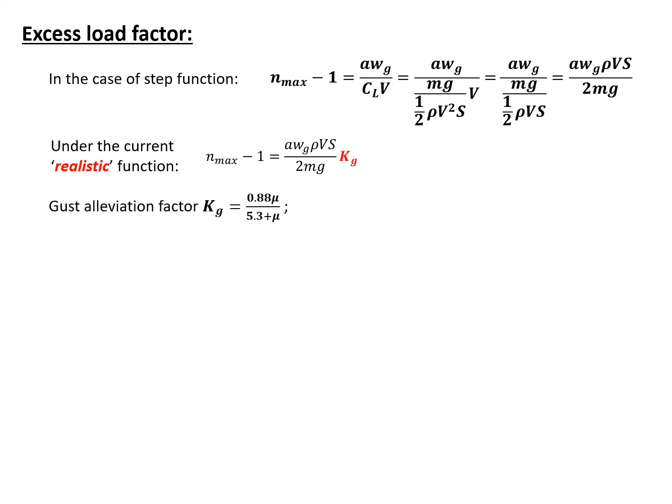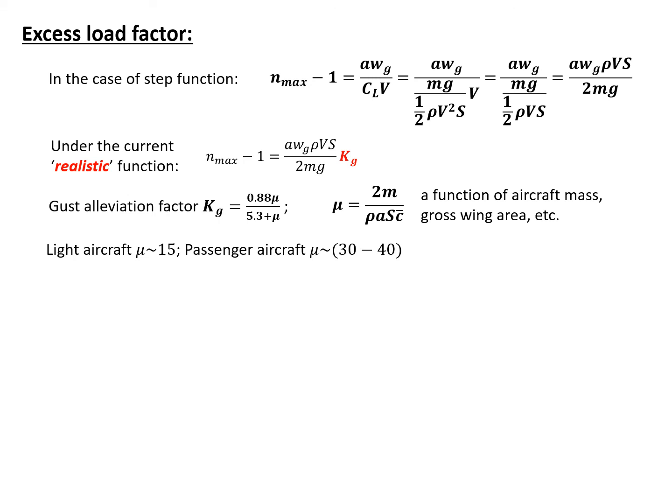The kg we call the gust alleviation factor, and it can be calculated this way: 0.88 mu divided by 5.3 plus mu. And mu is a function of aircraft mass, gross wing area, so it's a combination of the aircraft properties and also the local air density. Usually for light aircraft, mu is about 15, but for larger passenger aircraft, mu is between 30 and 40.